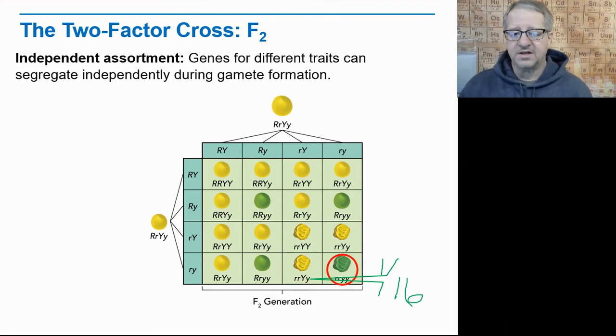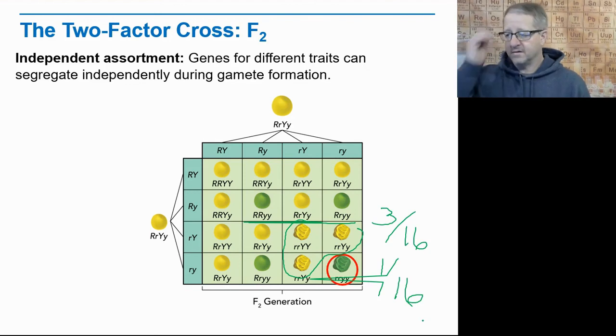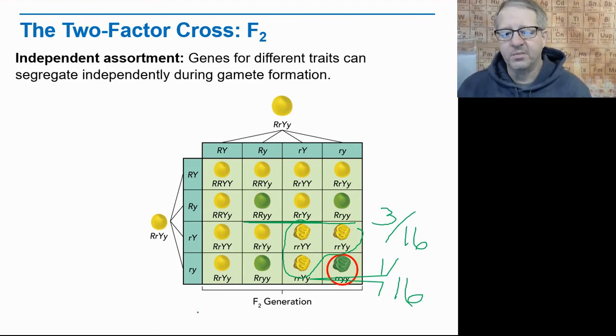What is the proportion of offspring that are likely to have the phenotype for dominant yellow and recessive for shape, for wrinkled seeds? Well, we see that there are 3 here. All right, there's 3 wrinkled seeds that are yellow, so that's going to be 3 out of 16. Now, what's the proportion of offspring that are likely to have the phenotype for round and recessive color?